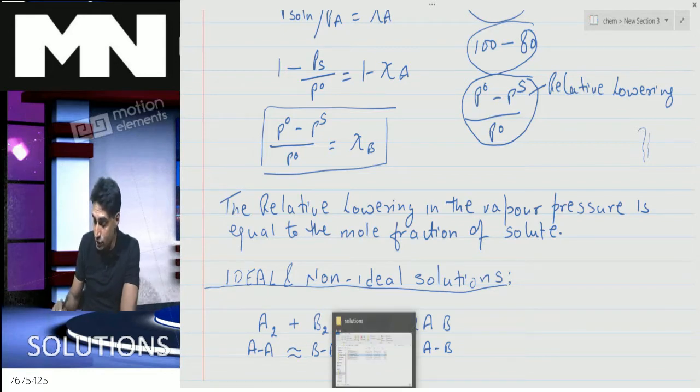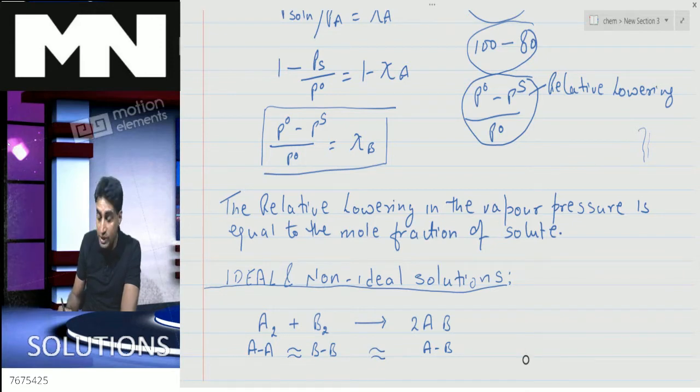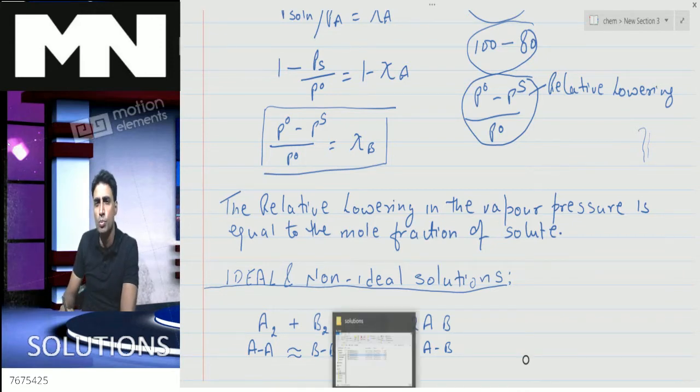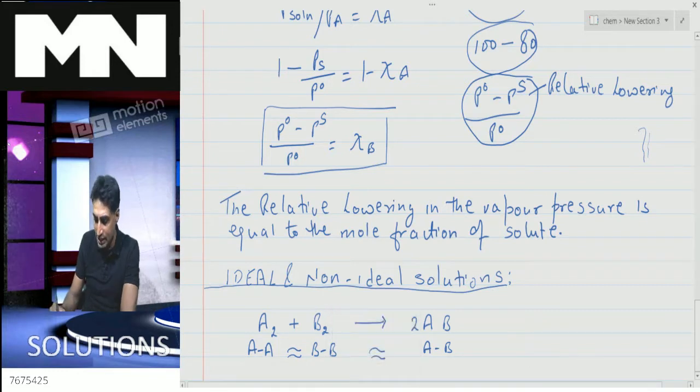In such a solution, since the bond strength is nearly the same, there is no more attraction or less attraction. In that case, delta H of mixing is 0, and delta V of mixing is also 0. So an ideal solution is that which obeys Raoult's law.